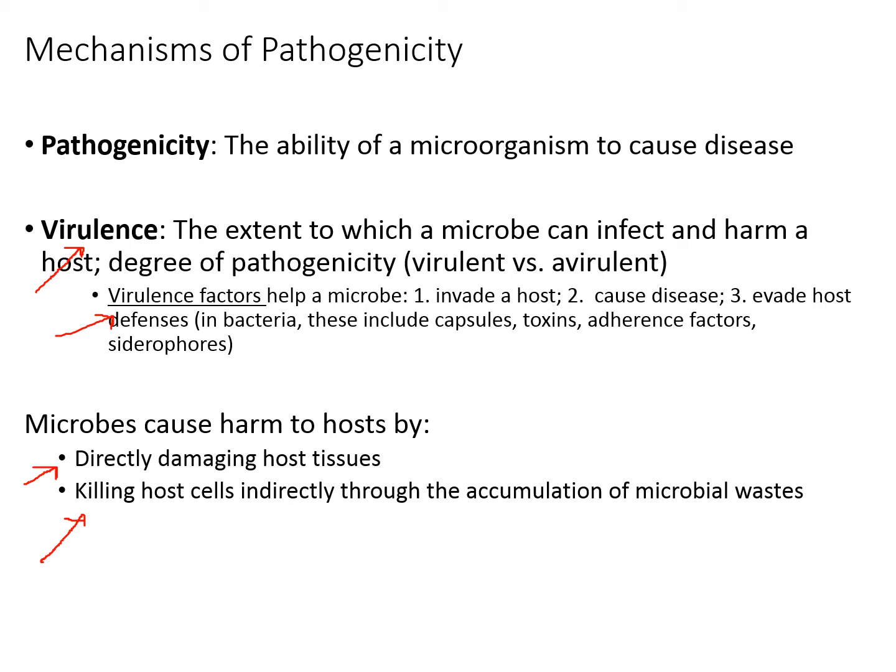Basically, as the microorganism reproduces itself, it produces perhaps unusual lipids, or it produces lots and lots of proteins. And these things can poison a cell and cause the cell to undergo apoptosis, a form of cellular suicide or cell death.